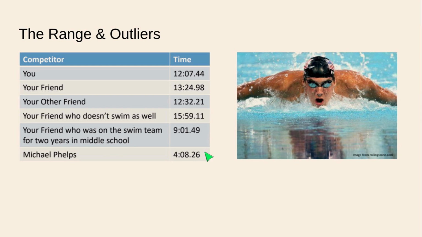So here is a great example of pulling some data from Michael Phelps and making up some data of my own that help describe why the range is not that great in statistics.